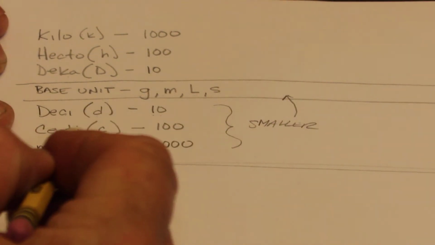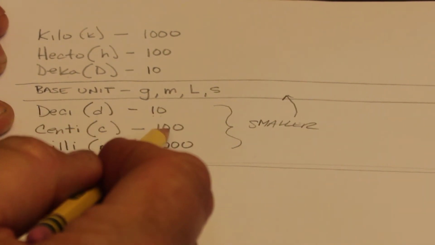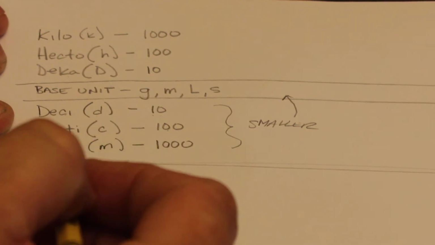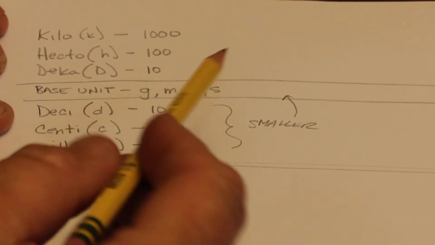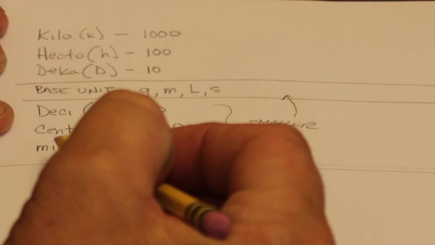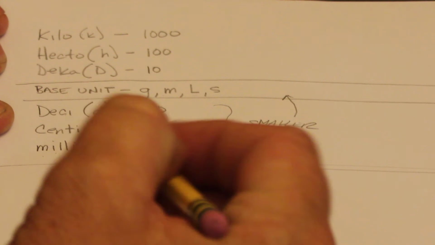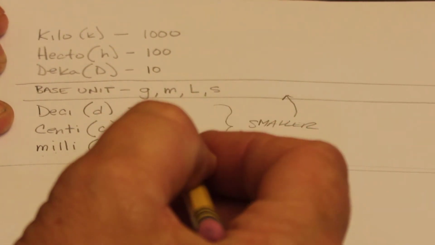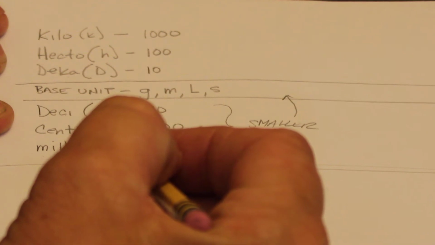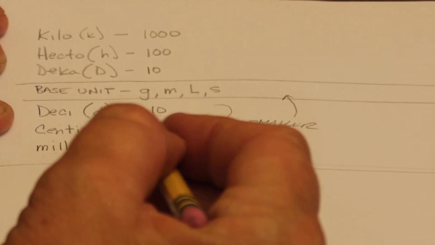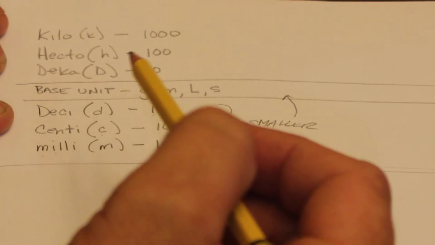I know that a centimeter is 100 times smaller than a meter. I know that a millisecond is 1,000 times smaller than a second. So basically what that means is that there are 1,000 milliseconds in a single second, or there are 100 centiliters in a liter, or there are 10 decigrams in a gram.